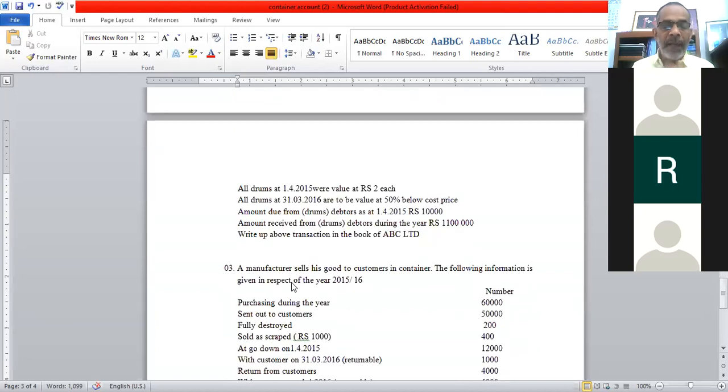We have to prepare the 4 ledgers. Can you write down the ledgers?